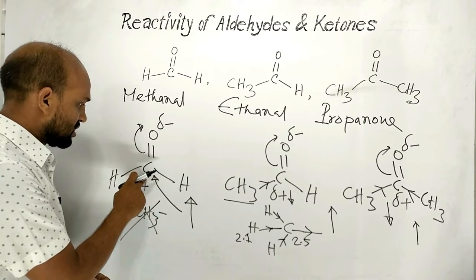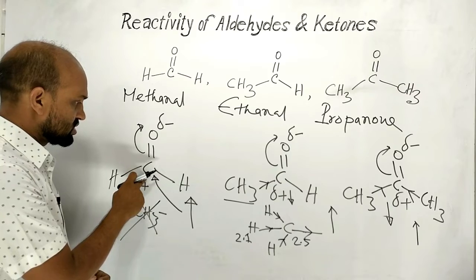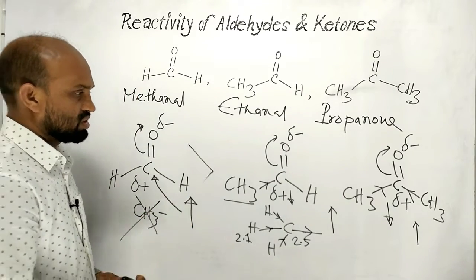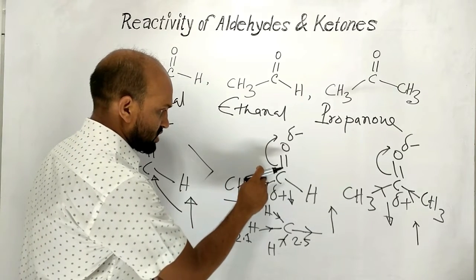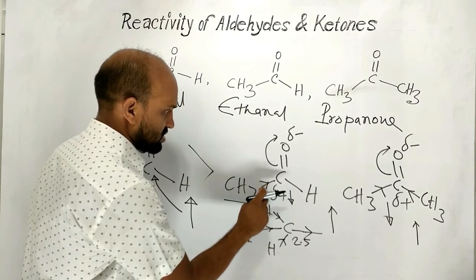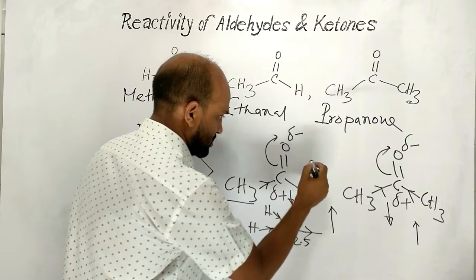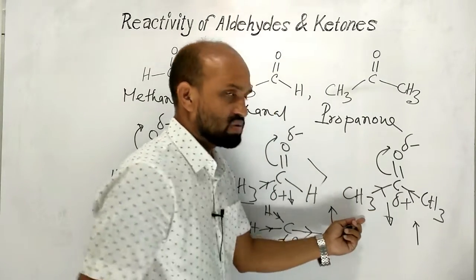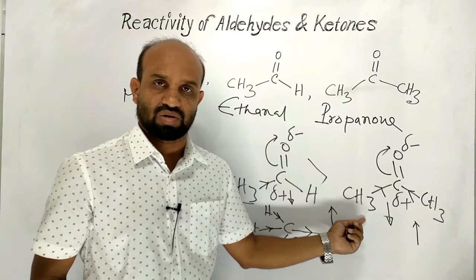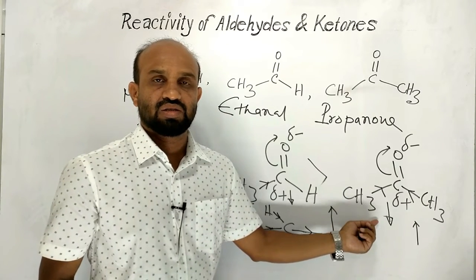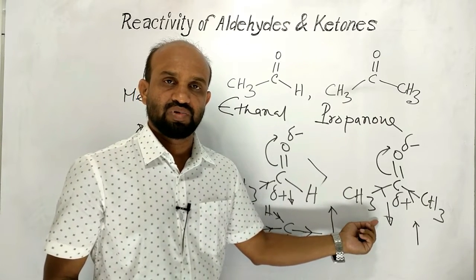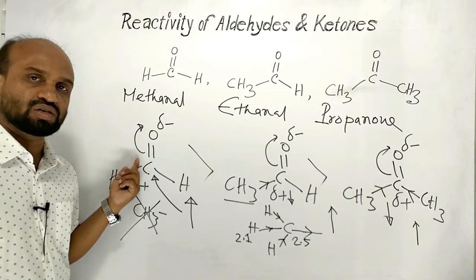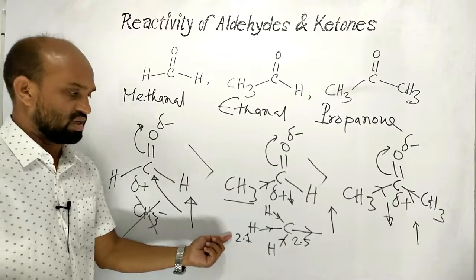As methanol carbonyl carbon charge density is very high, this is more reactive, and here with one methyl group charge density decreases, then this will come, and here with two methyl groups charge density decreases a lot. That is why this is less reactive and methanol is more reactive towards nucleophile.